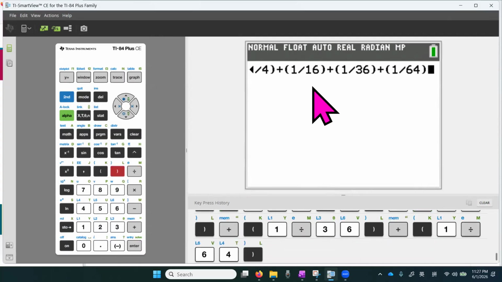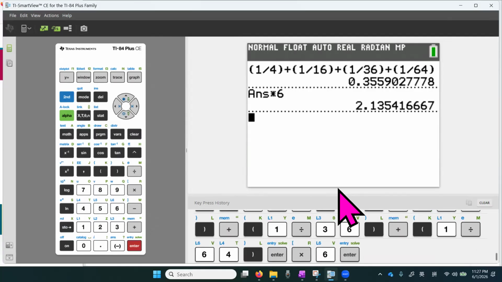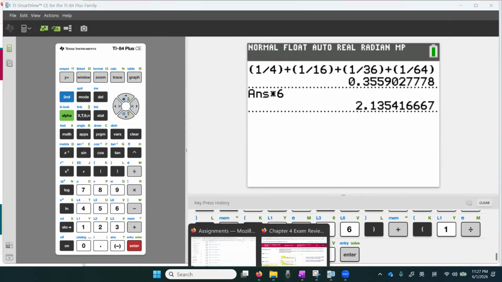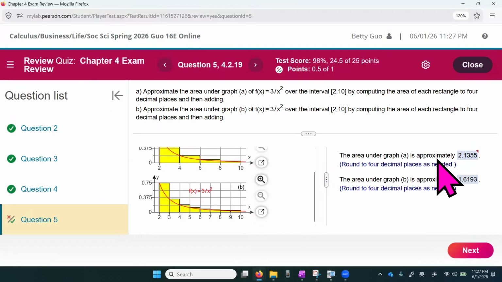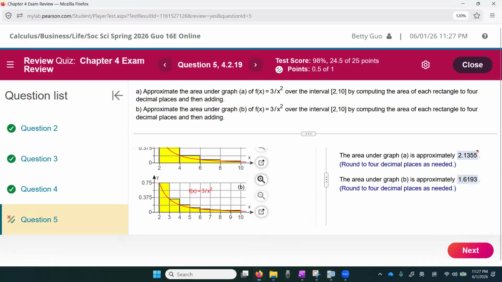Am I right? 2 squared, 4 squared, 6 squared, 8 squared, and times 6. What's the answer? The answer is 2.1355, a little bit different.